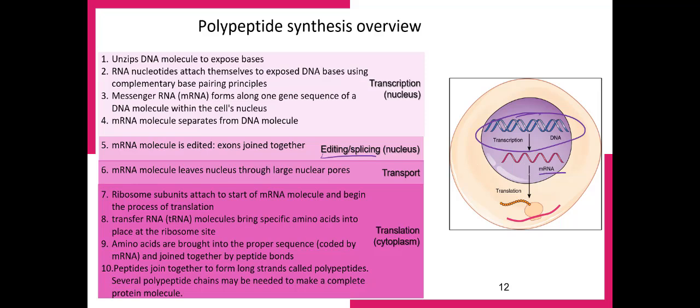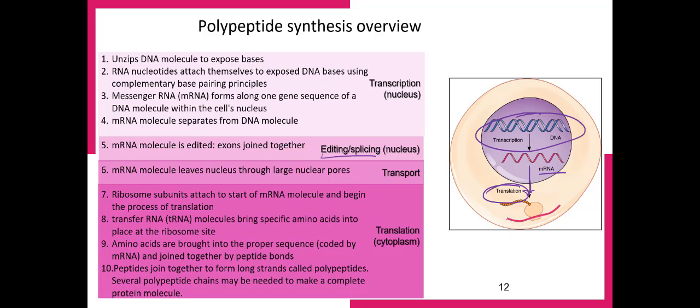Then the messenger RNA leaves the nucleus to enter the cytoplasm, where it undergoes the second process, translation, where individual amino acids are brought together by the transfer RNA to form a polypeptide. And then the polypeptides can join together to form the complete protein molecule.